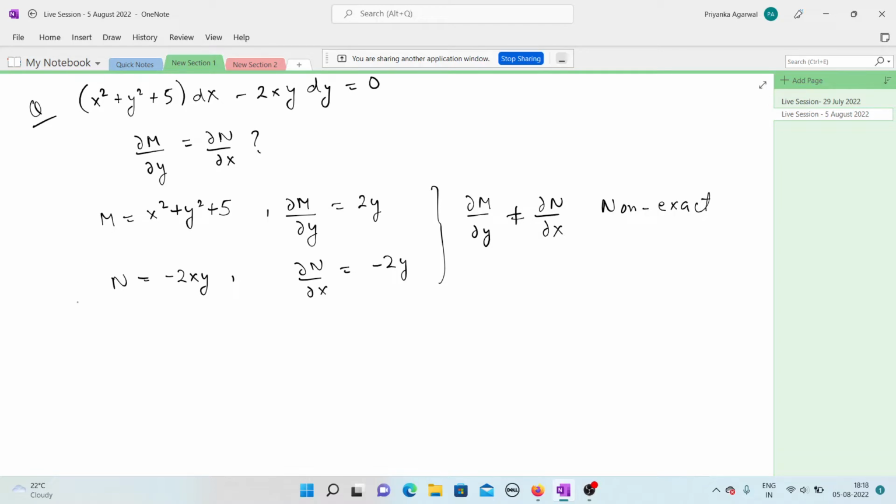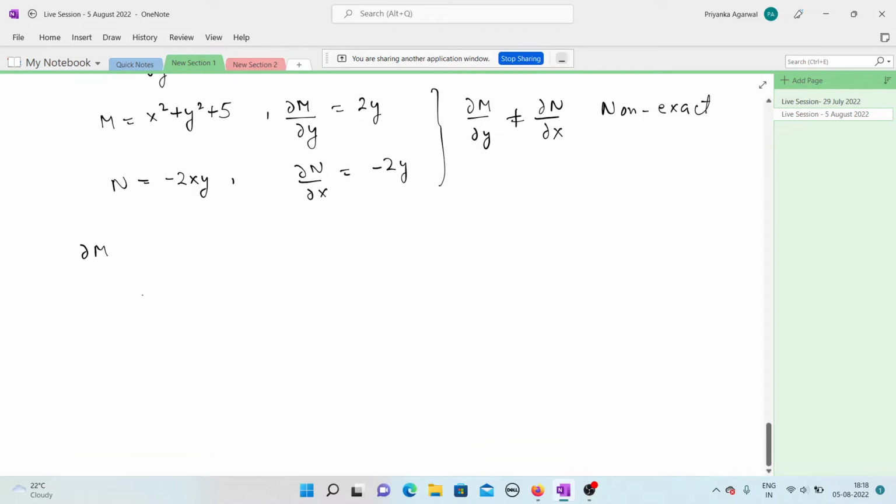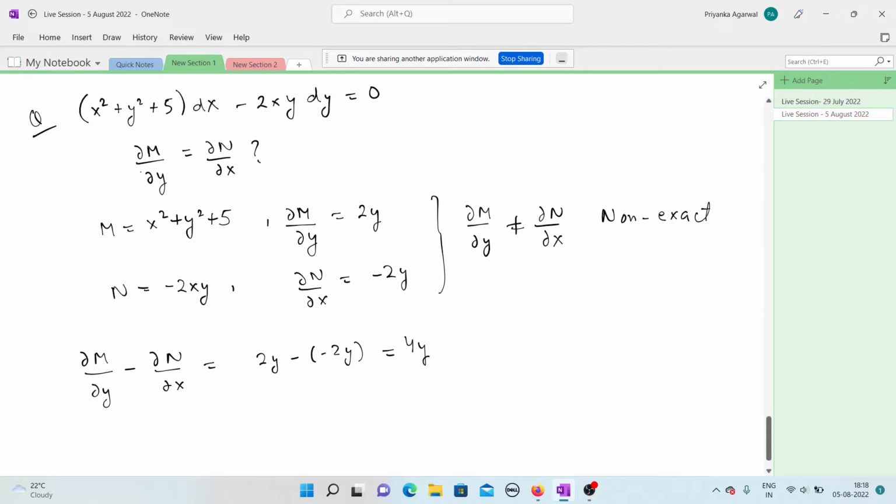Simply by multiplying it with an integrating factor. Now our first task is to find that integrating factor. Let's see what the integrating factor will be. What does this become? 2y minus of minus 2y, which equals 4y. Now shall I divide it by N, which is this, or minus N?